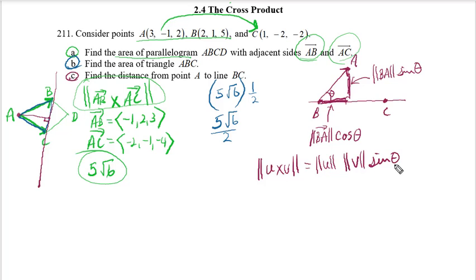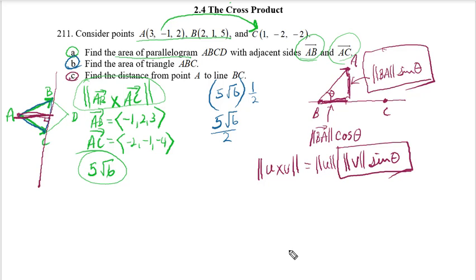Now notice that's very similar to the dot product relationship. However, this right here is what we have here. And that happens to be the length of the side that we are looking for. And so to find that, we simply divide both sides by the magnitude of u.